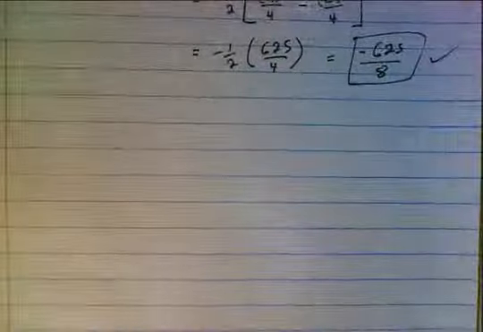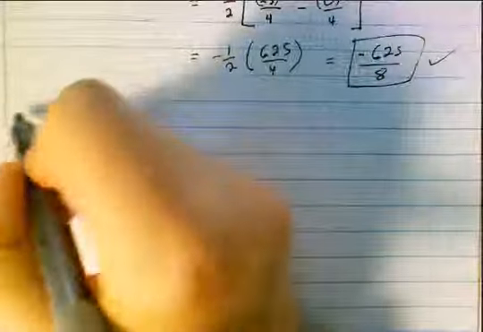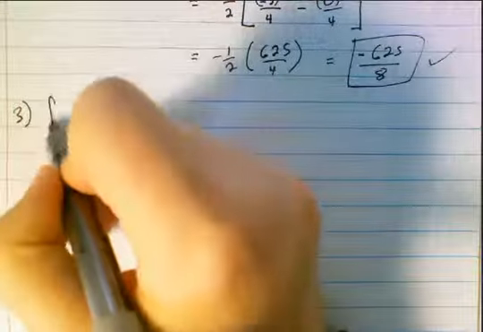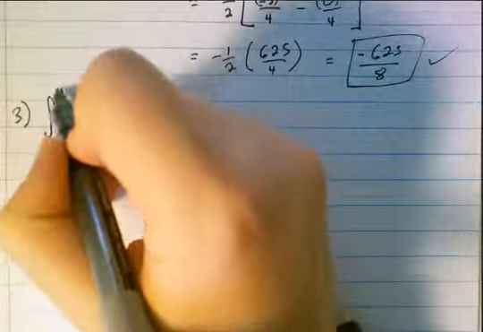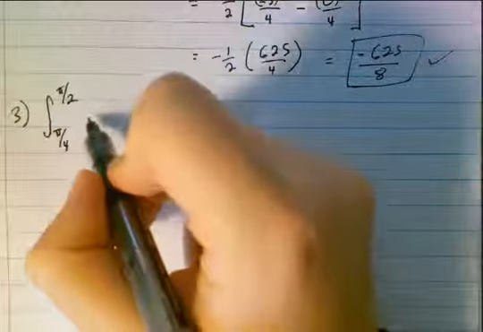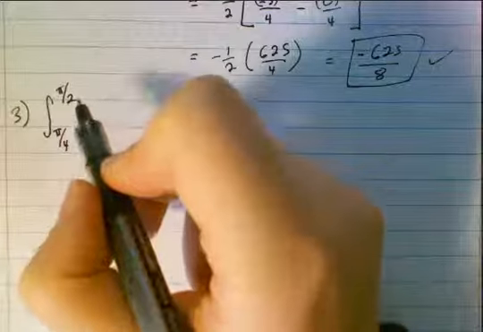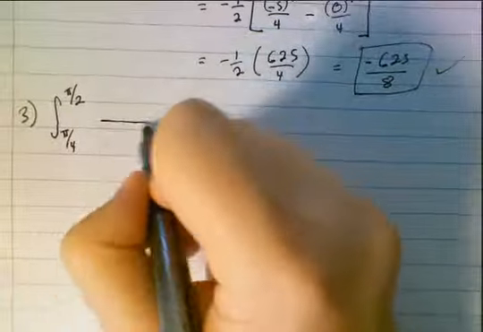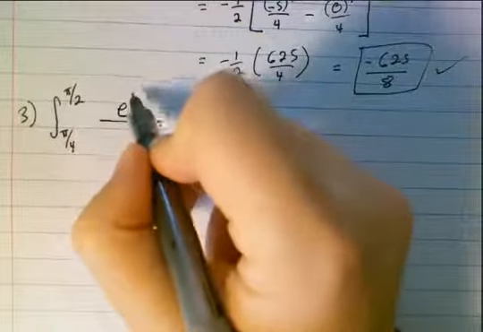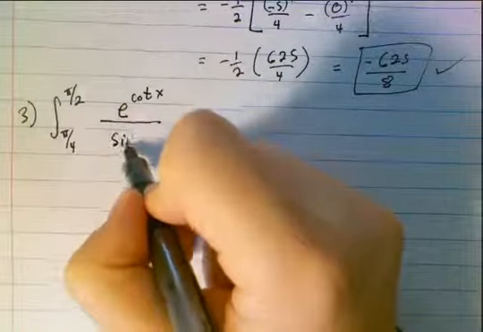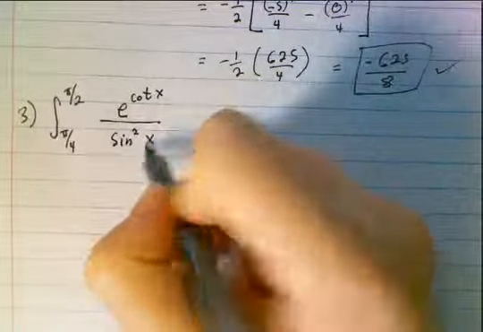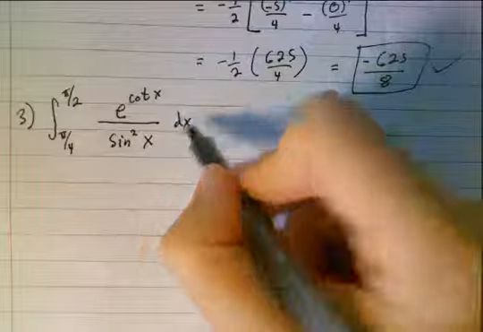Our final problem is dealing with the lovely trigonometric functions. Integral from pi over 4 to pi over 2 of e to the cotangent of x over the sine squared x, that's dx.